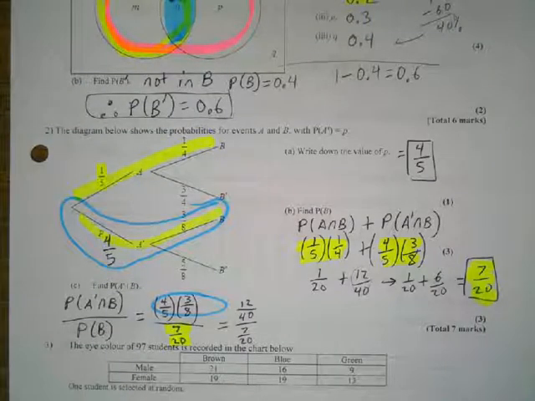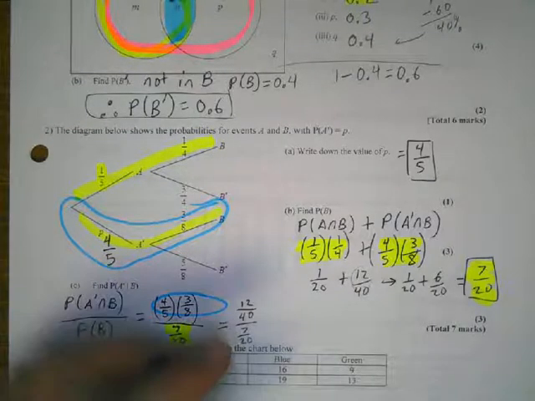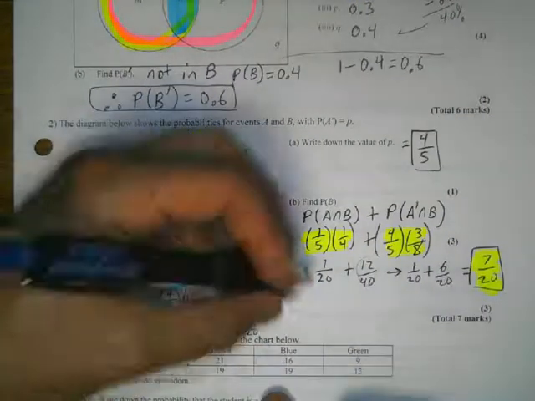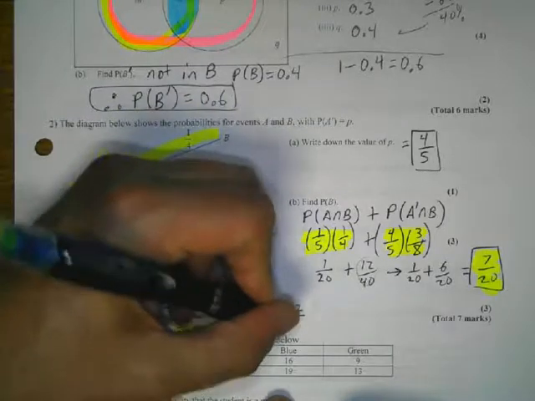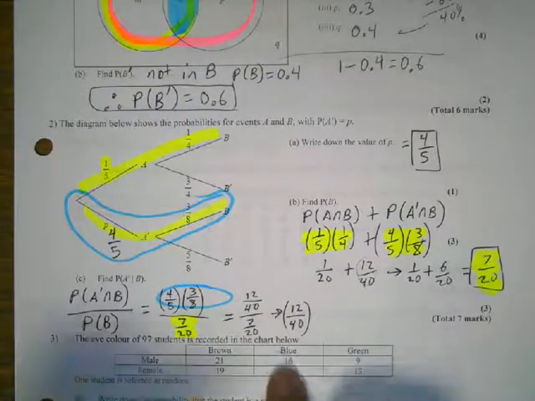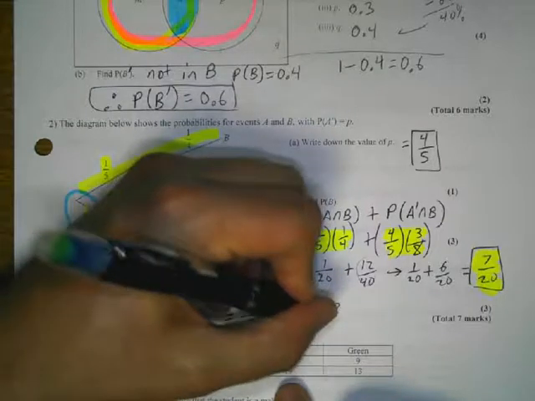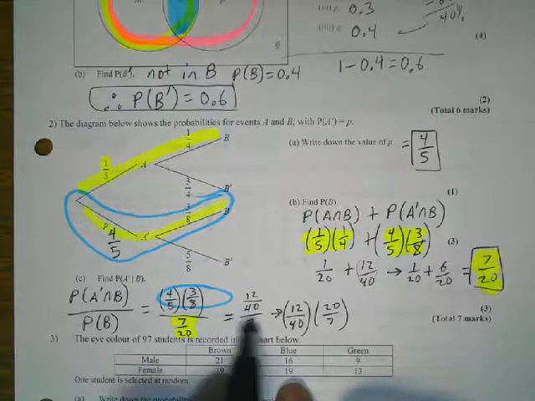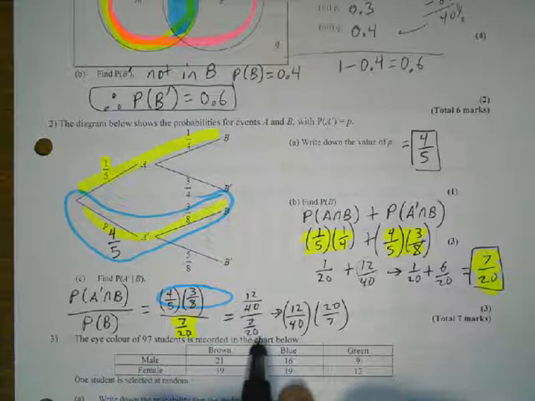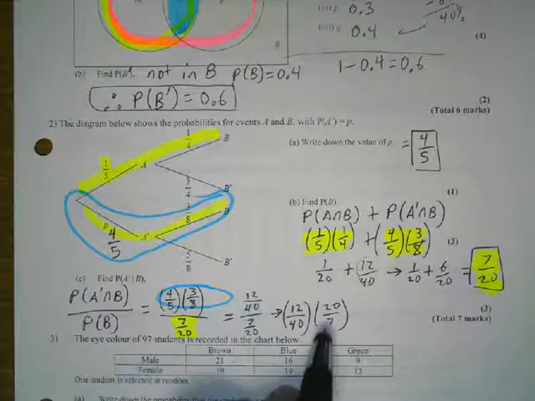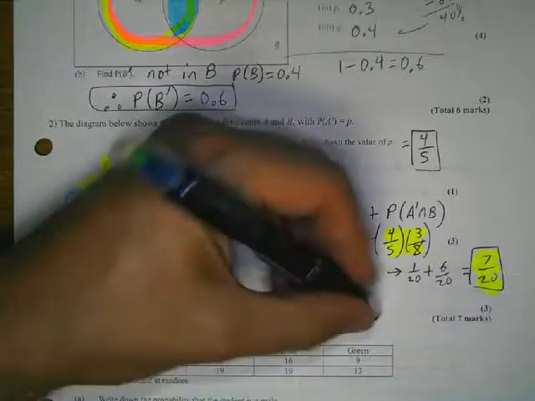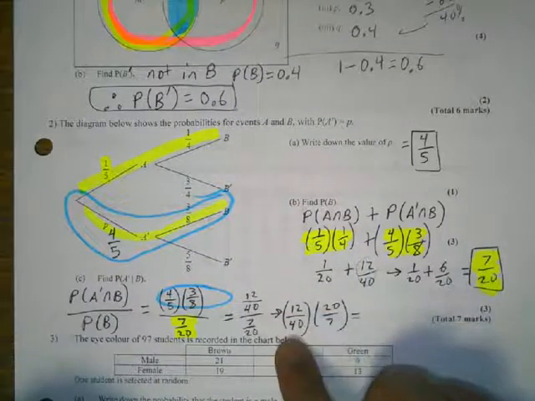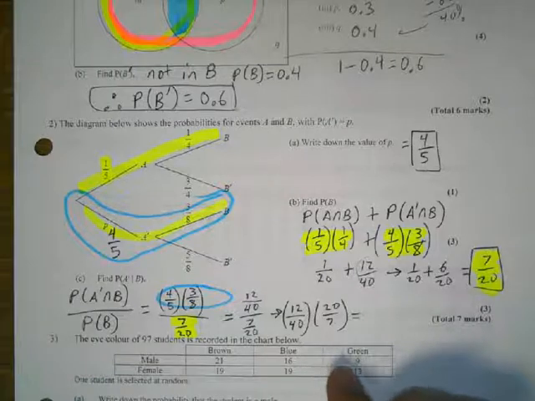A fraction divided by a fraction, we take the reciprocal of the second fraction and change the division to multiplication, so we have 12/40 times 20/7. Now I've got 12 times 20 divided by 40 times 7, and let's simplify this a little bit.